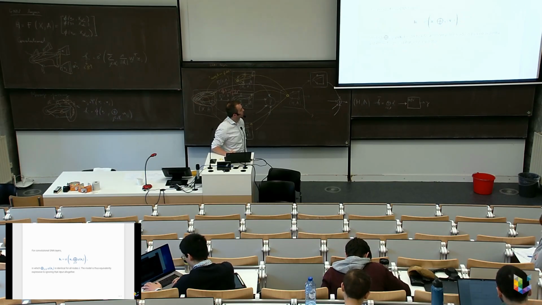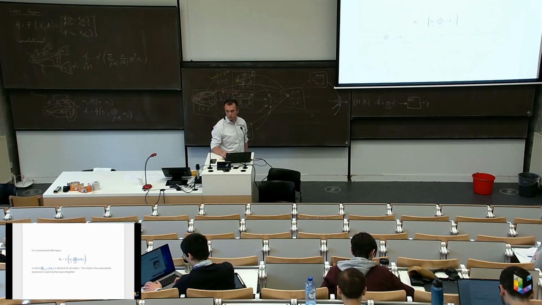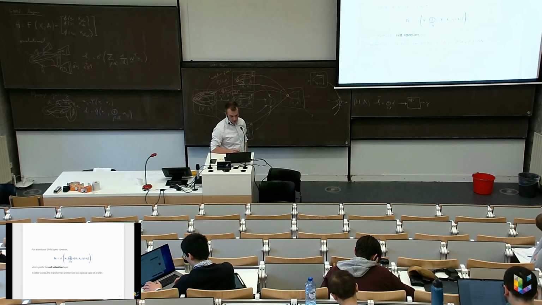And so in this case, using a convolutional layer is not really useful or appropriate, because it's as if we were just computing some local function phi on each of the vectors associated to each node. However, what is more interesting is the case of attentional layers.